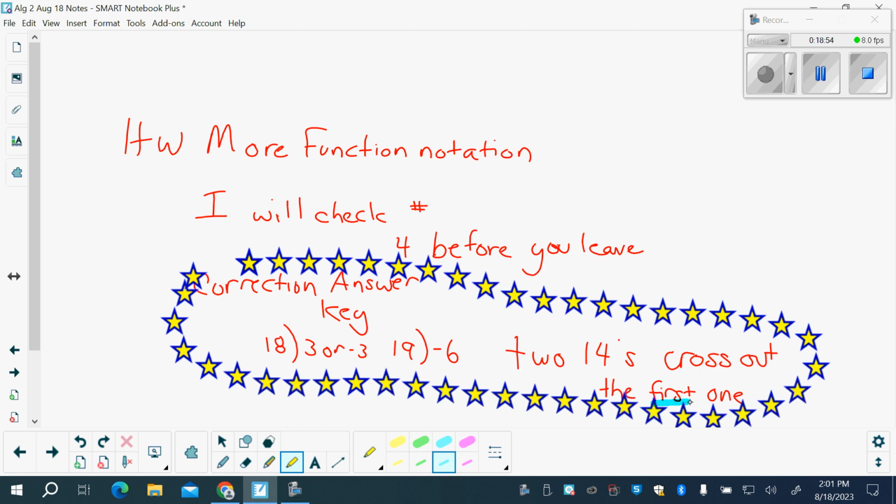And then 18 and 19 on the answer key are switched. This is what 18 should be, and this is what 19 should be for the answer. On the back, on the bottom. Make sense?